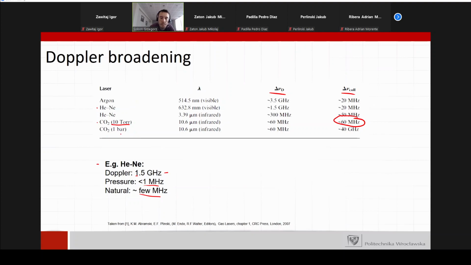But if the pressure is increased to 1 bar, I cannot recalculate bar to torr right now, but you can guess that 1 bar is much higher. So you have 40 gigahertz. So increasing the pressure of the gas inside the laser medium will significantly increase the line width.